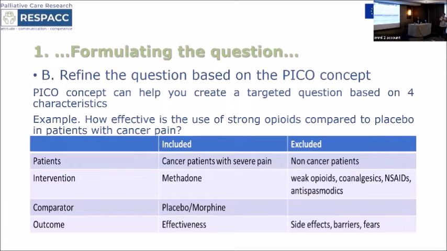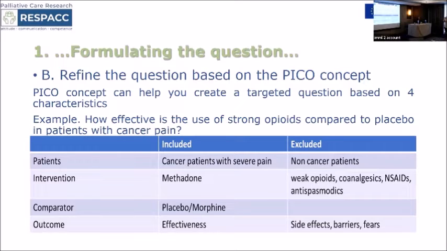So you can have as example for the patient, cancer patient with severe pain. What do you exclude? You exclude all other patients with pain but who have other diseases. So that's excluded. You exclude the patients with, I don't know, diabetes and neuropathy. So it is cancer patients with severe pain.